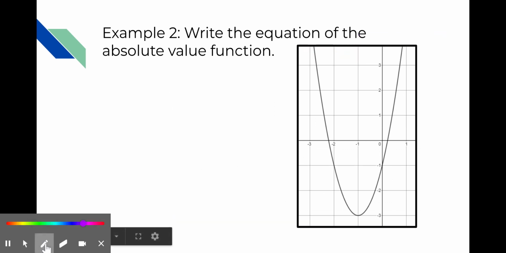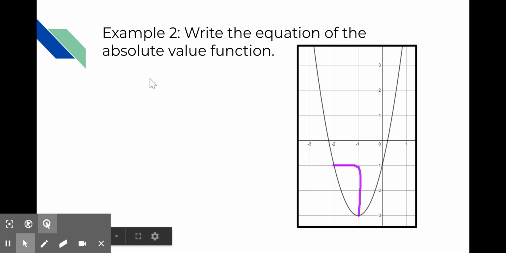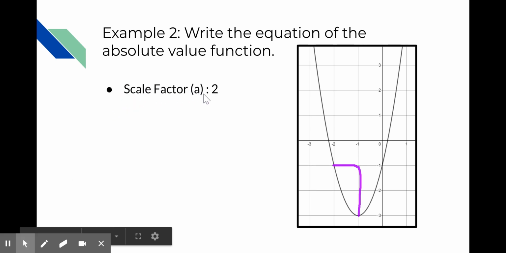Okay, let's try this again. So first, figure out your scale factor. So from the vertex to my next point, I go up 2. So my scale factor is 2. Then from there, find your horizontal shift.